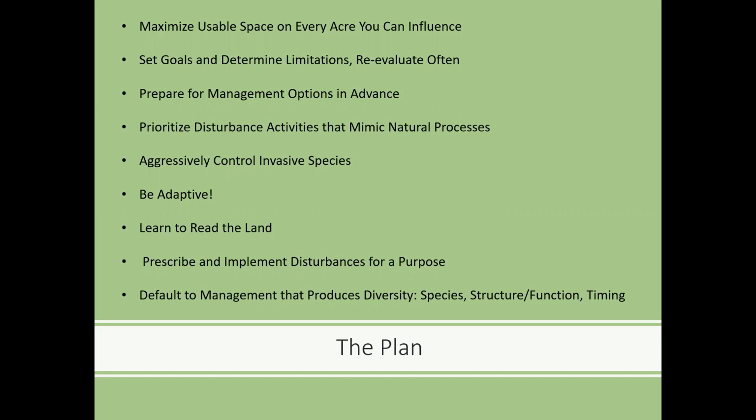Set some goals that are realistic and understand how you might go about achieving those goals. And then part of that people often forget or leave out is determining what your limitations might be for managing a given acre. If you're completely unable or unwilling to implement prescribed fire on the acres of your prairie, that's a limitation.